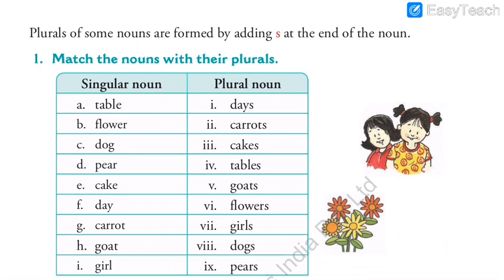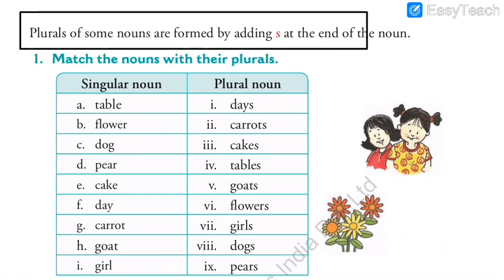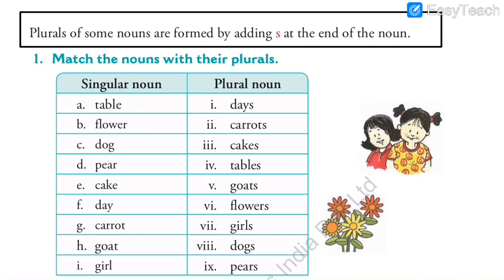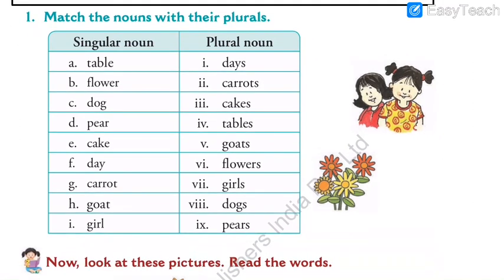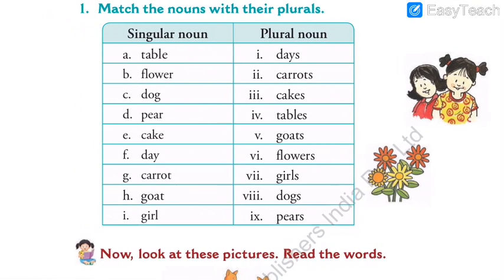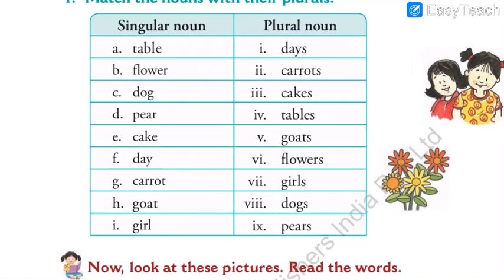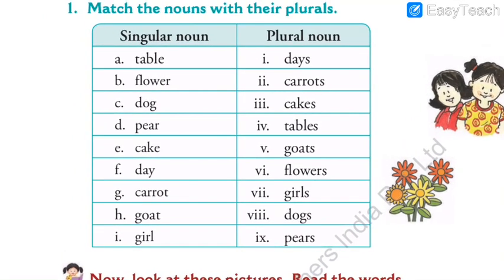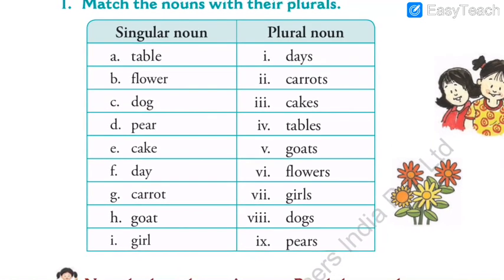So let's see what the instructions are written in this box. Plural of some nouns are formed by adding s at the end of the noun. So exercise 1 says match the nouns with their plurals. As you can see, there are 2 columns.